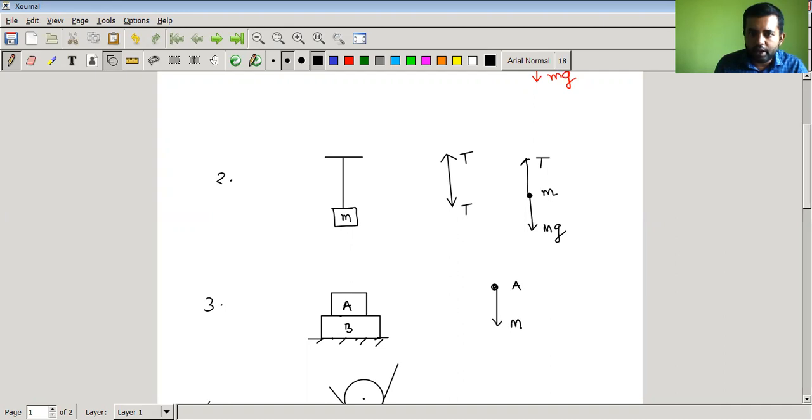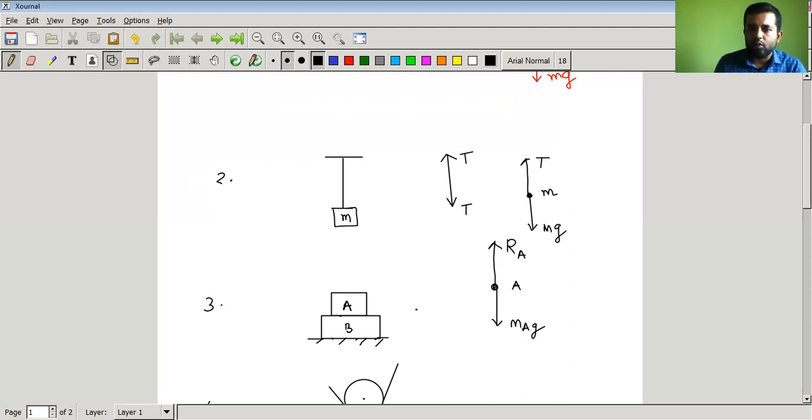Let us write m_A g due to Earth, and this B is holding it. So B will exert a contact force. There will be a contact force on A due to B. So let us write it, this is contact force on A due to B.